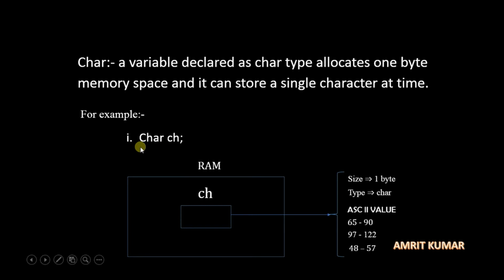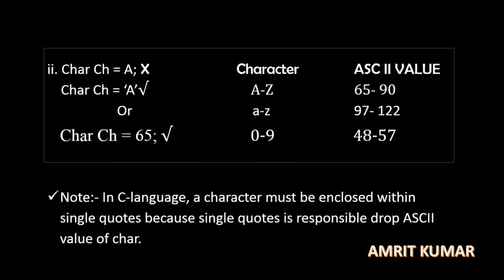Char is a data type whose size is 1 byte. Therefore, for ch, a memory space is going to be allocated on the RAM whose size is 1 byte and type is char.